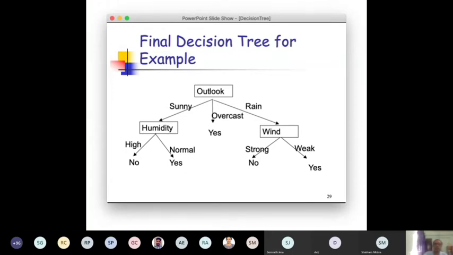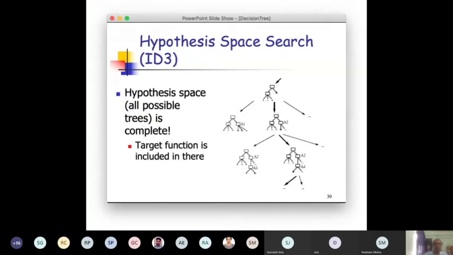Okay, so let me proceed. Based on this algorithm, there is an algorithm called ID3. That's the name of a standard decision tree algorithm, which follows this kind of principle. There are, of course, some other principles, but mostly this principle. And it is searching a hypothesis space, but the search is a greedy search.